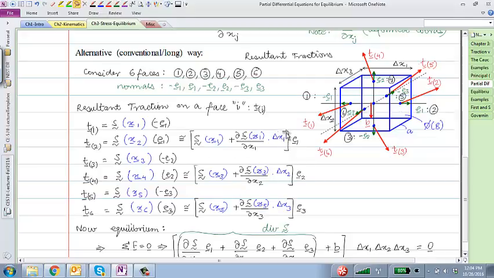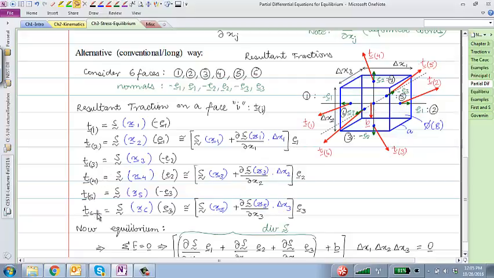This is nothing but the Taylor series expansion of stress at x2 around the point x1. That's all that this relationship is. And so this gives me an approximate stress at the center of the face x2 acting on the normal vector. That would be the traction on the face 2.